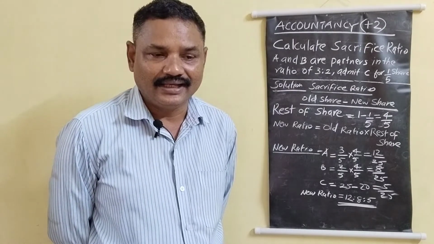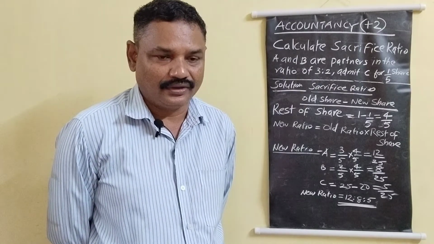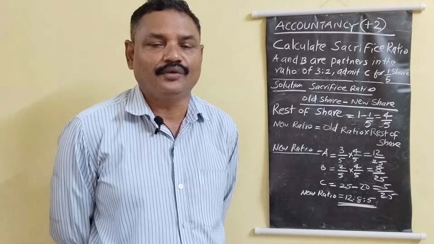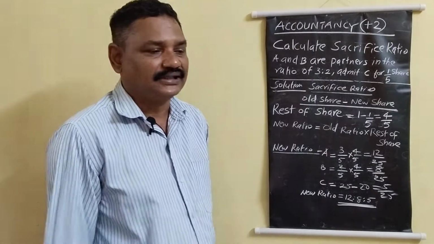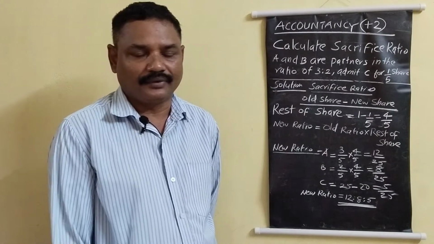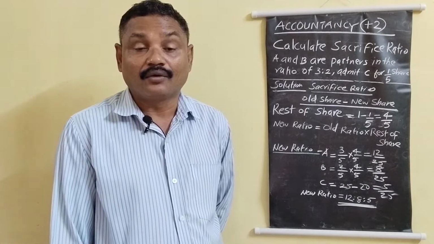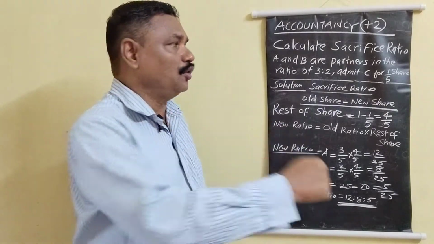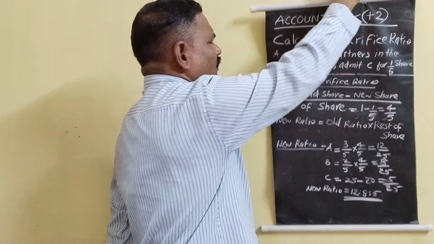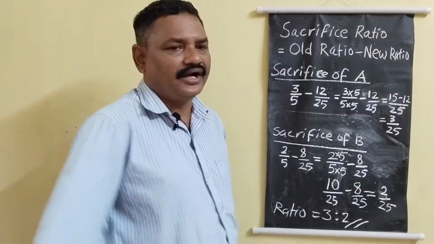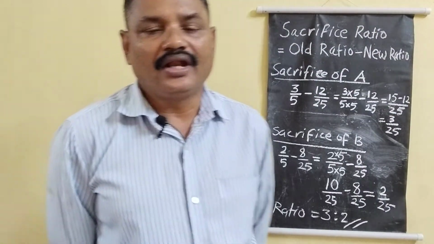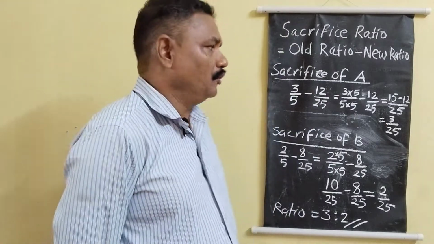Now, I think all students have understood how to calculate the new ratio of the partners. Please come to the point of calculating sacrificing ratio. How to calculate sacrifice ratio? Sacrifice ratio is the difference of old ratio minus new ratio.